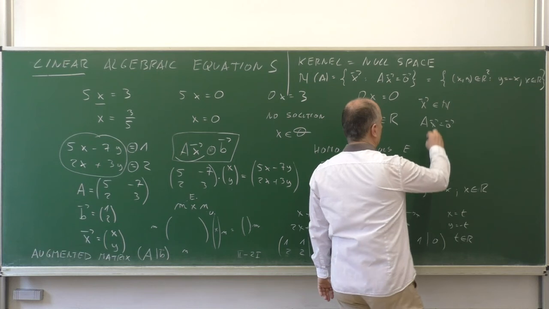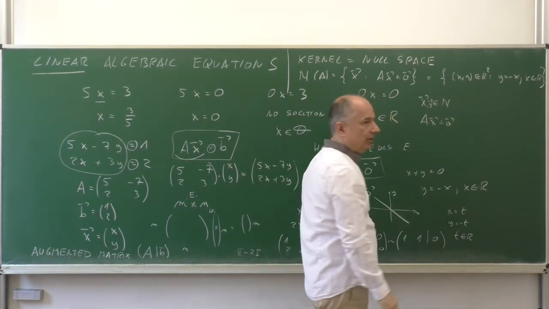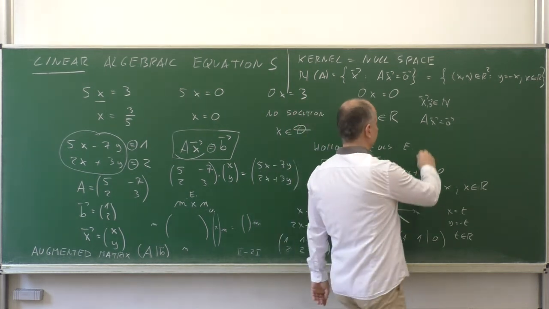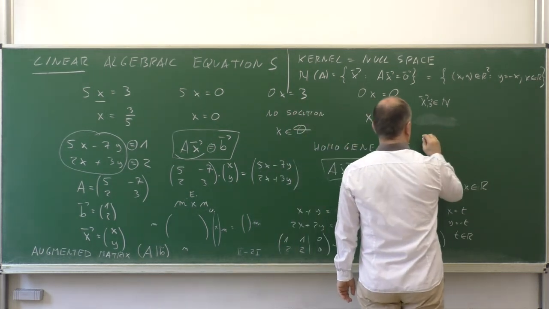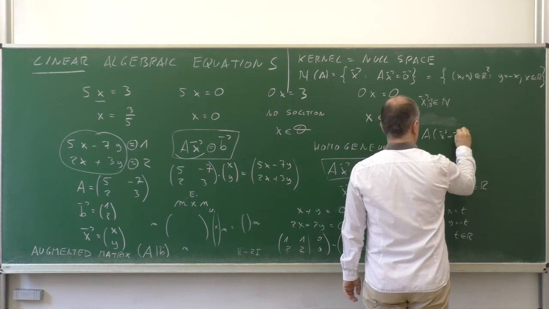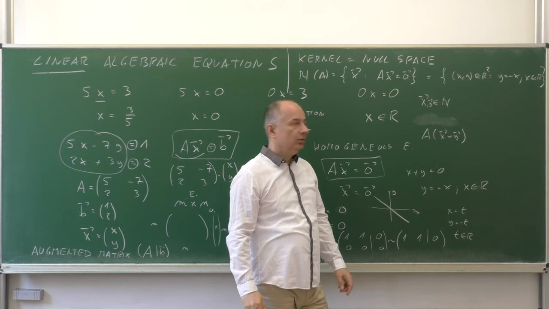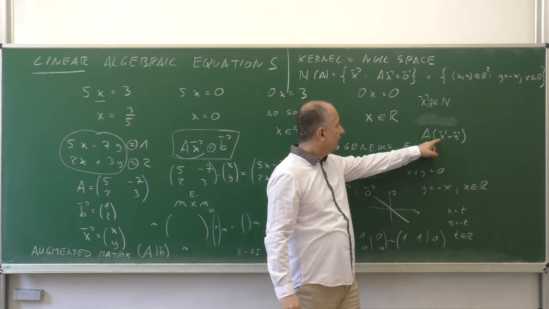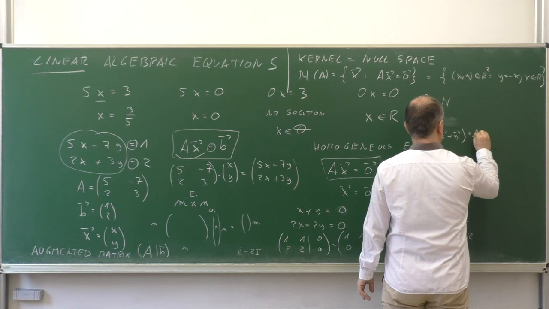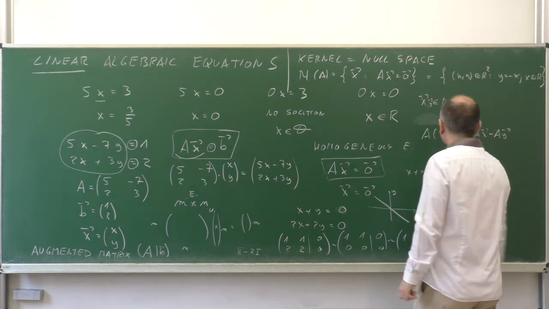And also, if x and y are in the null space, so is their sum. Because if you consider the sum of x and y, now with arrow, that means two vectors, and you multiply by the matrix, then this is A times x plus A times y.